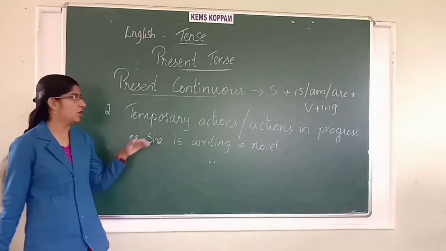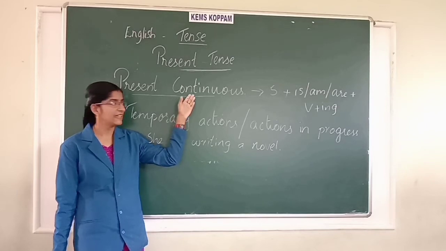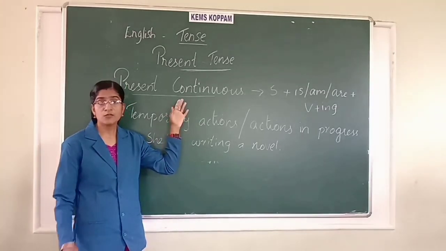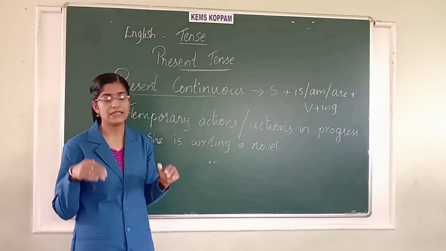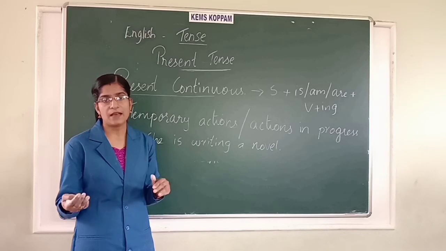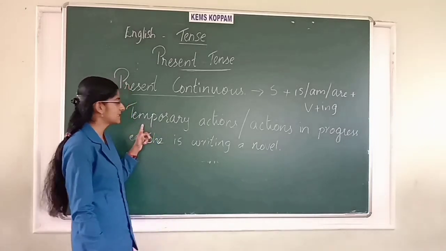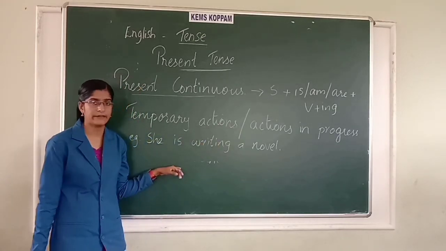Clear? So present continuous tense is used to denote what is happening now, at the moment, the actions that are happening at the time of speaking. And the second use is for temporary actions or actions in progress.